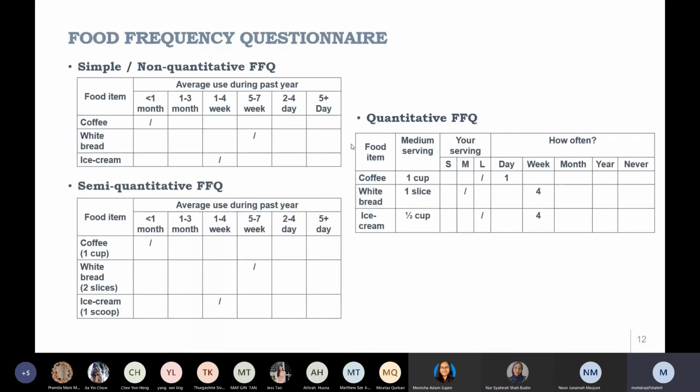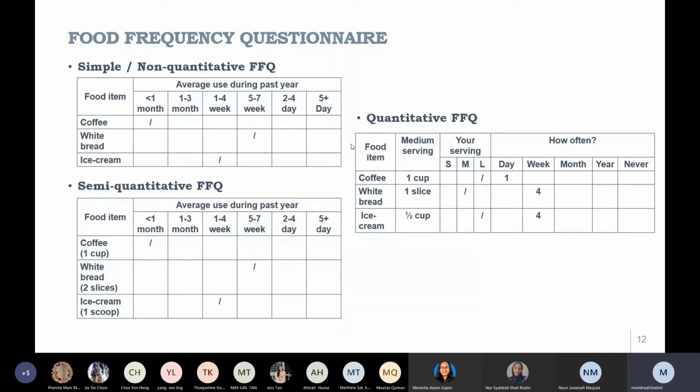So there are 3 types of food frequency questionnaire. The first one is a very simple or non-quantitative FFQ. If you look at the type of response, we just need to tick if we consume coffee less than a month, and white bread, we consume 5 to 7 times per week. We just tick there.